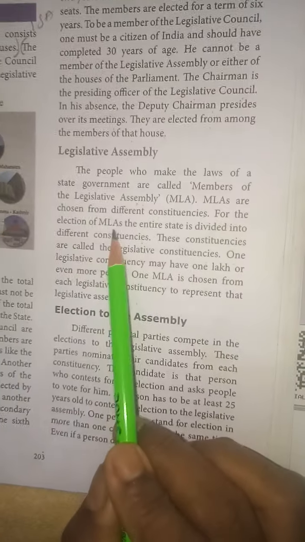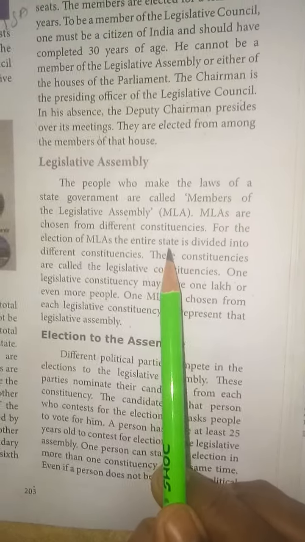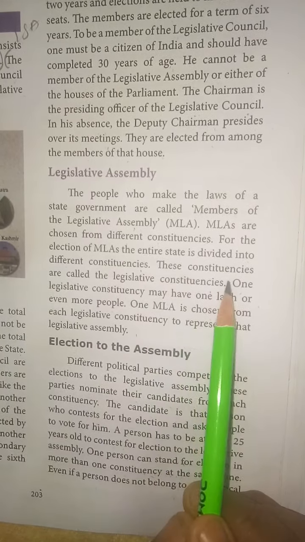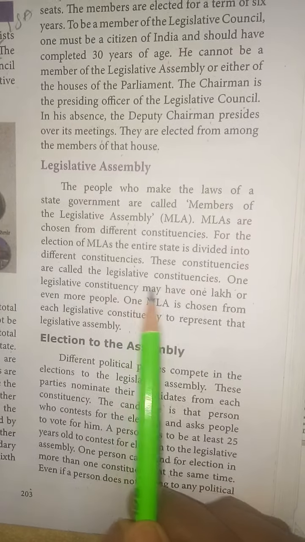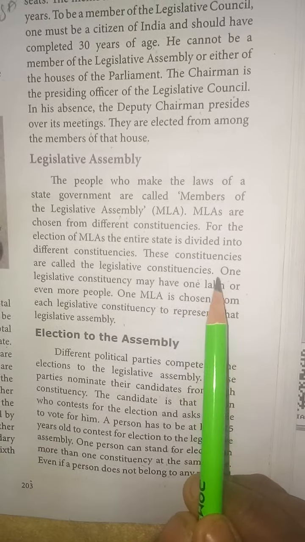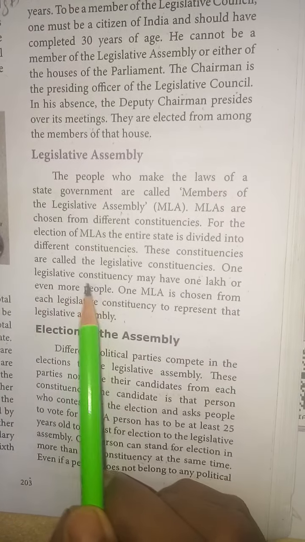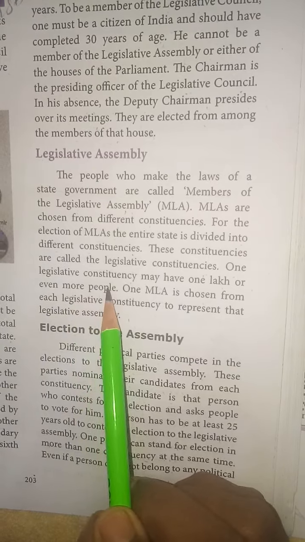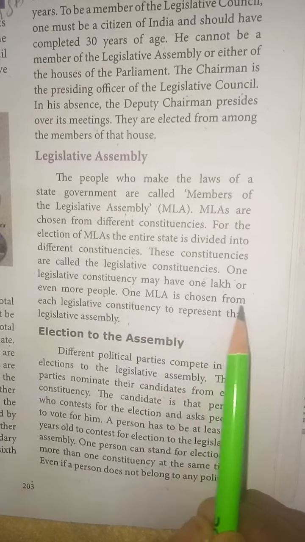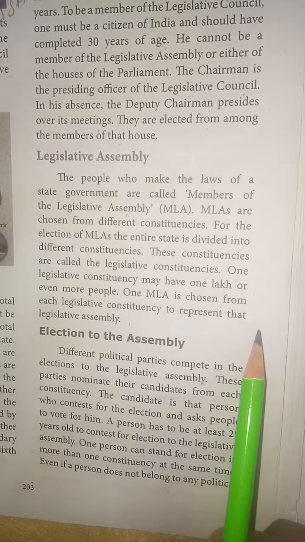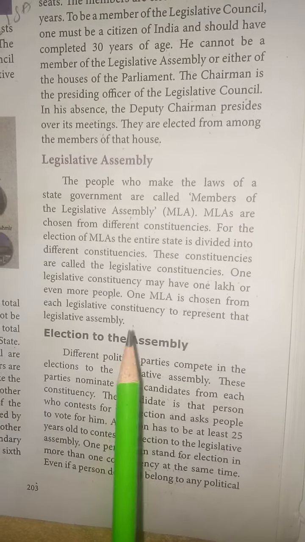For the election of MLAs, the entire state is divided into different constituencies, called legislative constituencies. One legislative constituency may have 1 lakh or even more people. One MLA is chosen from each legislative constituency to represent it in the legislative assembly.